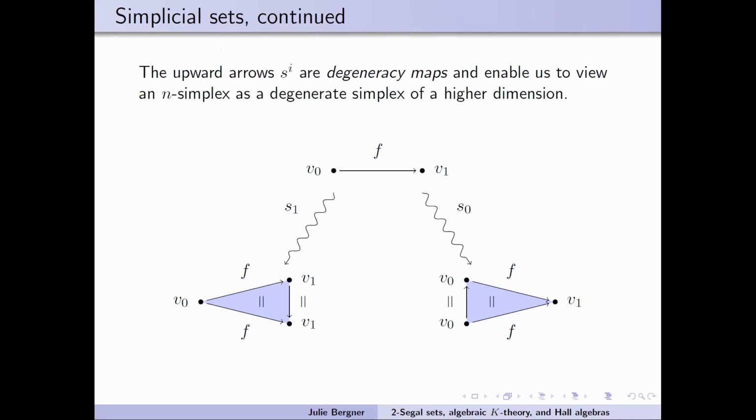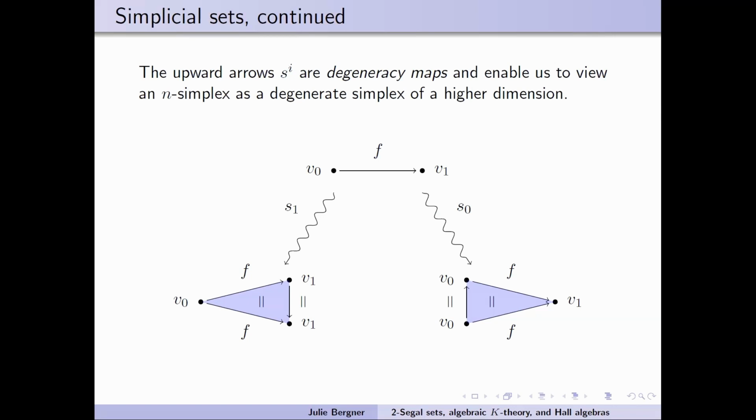So if you have a one-simplex f, as I've drawn here, then there are two degeneracy maps, ways of thinking of this as a degenerate two-simplex. Basically we're going to double it and make one of the faces of the two-simplex just be a degenerate one-simplex, which is coming from a zero-simplex.